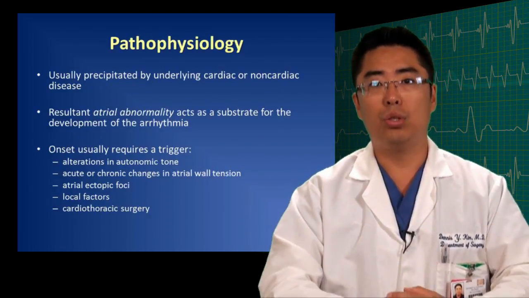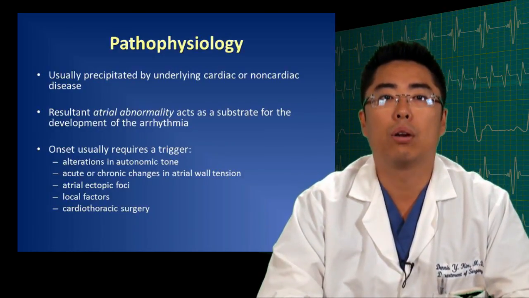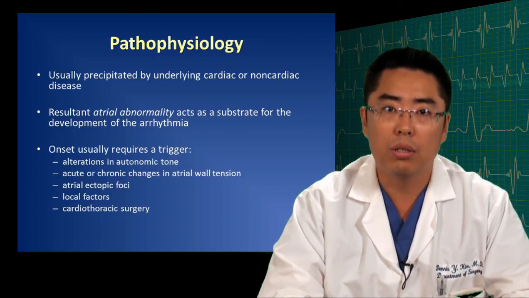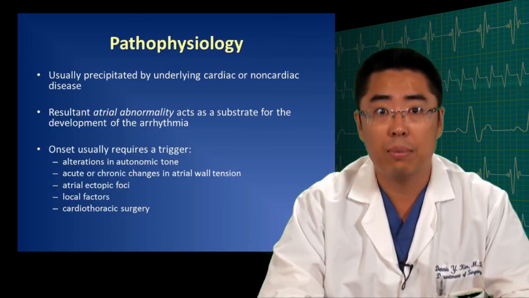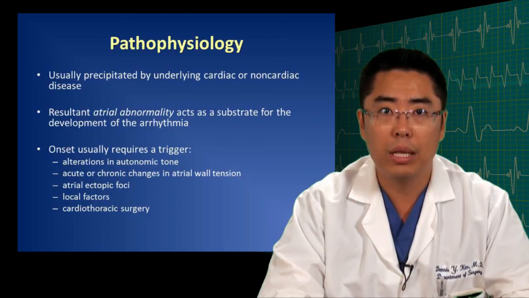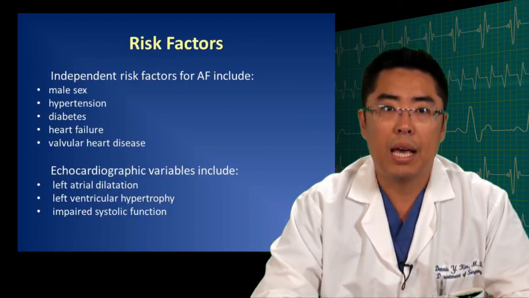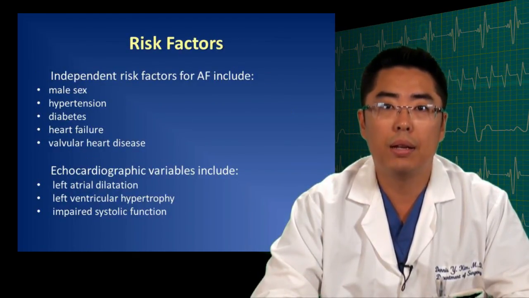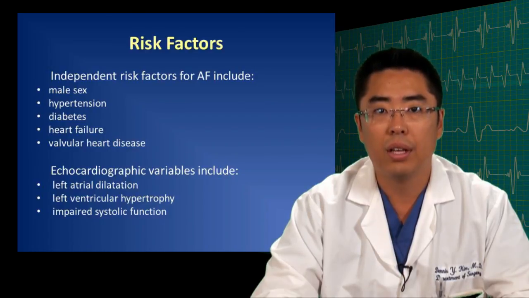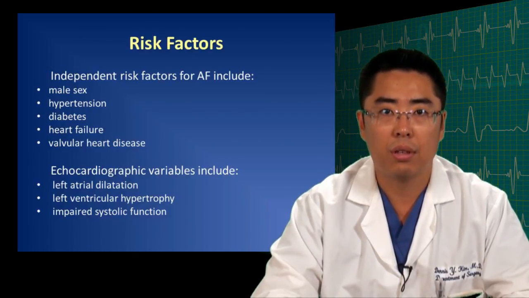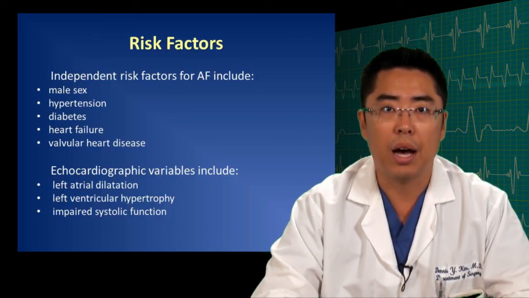Atrial fibrillation is usually precipitated by an underlying cardiac or non-cardiac disease, and the resultant atrial abnormality acts as a substrate for the development of the arrhythmia. The onset of atrial fibrillation usually requires a trigger, and these were previously discussed. Results from the Framingham study demonstrate a number of independent risk factors for atrial fibrillation, and these include male sex, the presence of hypertension, diabetes, heart failure, as well as valvular heart disease.